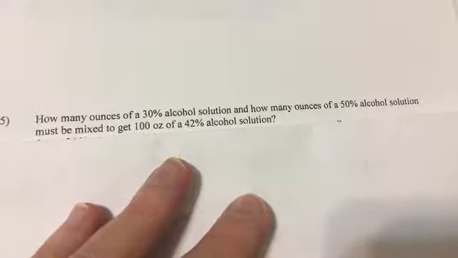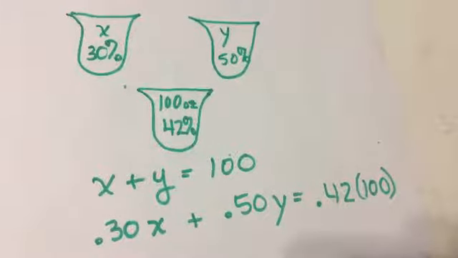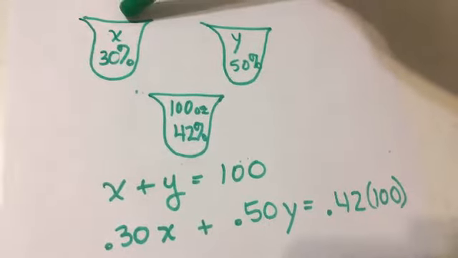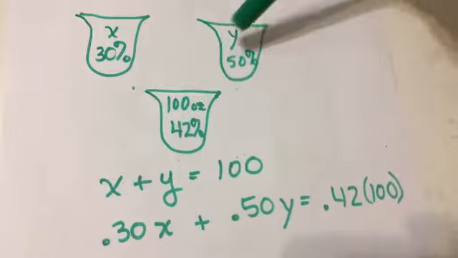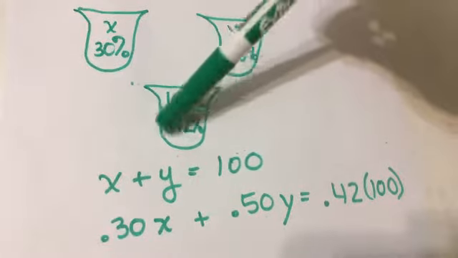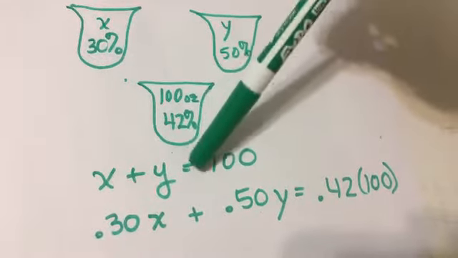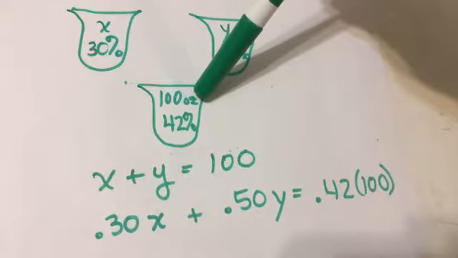Okay, so here's a picture of our situation. We don't know how much of the 30% and how much of the 50% we're going to have to pour into this beaker. But we want 42%, and we want 100 ounces of it.